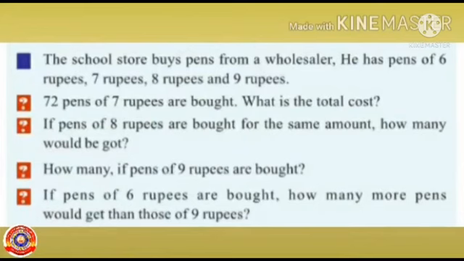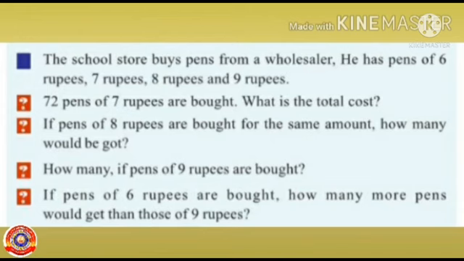Look at this question. The school store buys pens from a wholesaler. He has pens of 6 rupees, 7 rupees, 8 rupees, and 9 rupees. 72 pens of 7 rupees are bought. What is the total cost? Next question. If pens of 8 rupees are bought for the same amount, how many would be got?